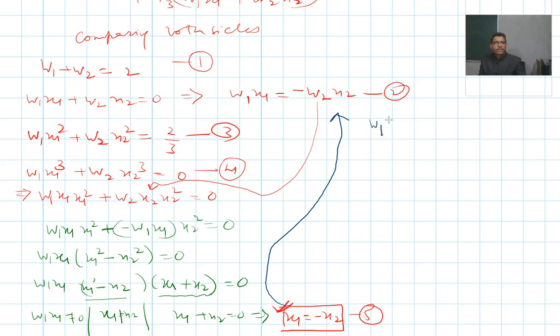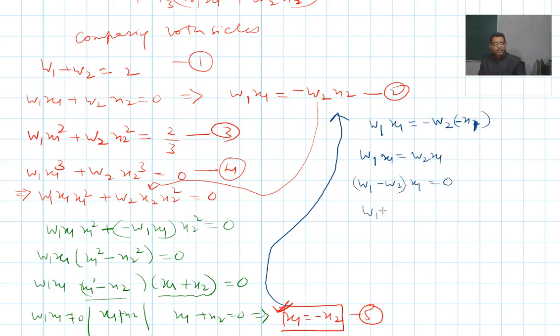This w1 x1 is equal to minus w2 times minus x1, which implies w1 x1 is equal to w2 x1, meaning w1 minus w2 times x1 is equal to 0.